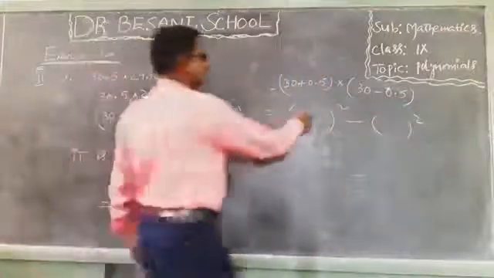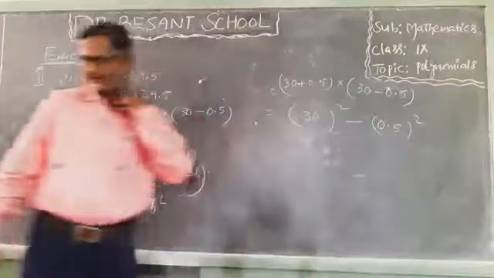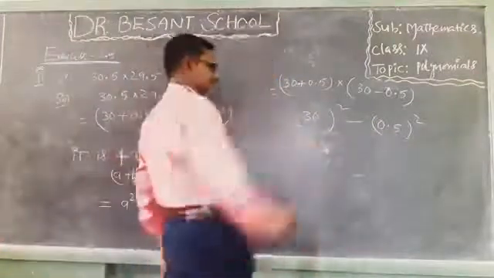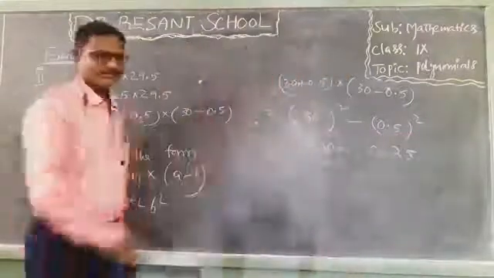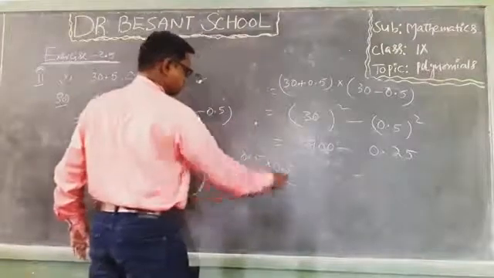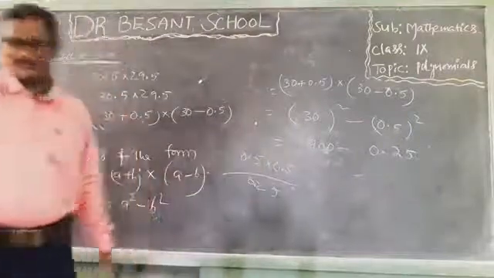A square means 30 square, minus b square means 0.5 whole square. Okay, children. 30 square means 30 times 30 is 900. 0.5 whole square means 0.5 into 0.5, 5 fives are 25, after two places you keep a point, means 0.25.